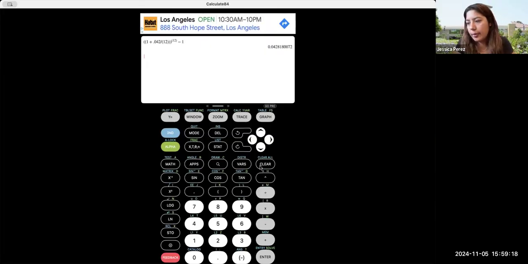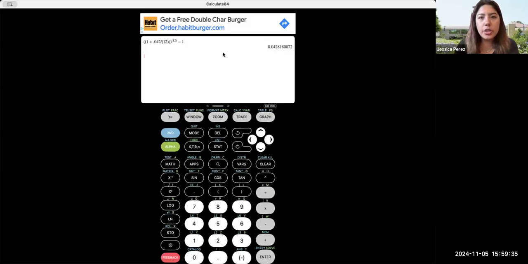And that should be equal to 0.0428, or 0.04281. If I move it over, that's 4.28%.